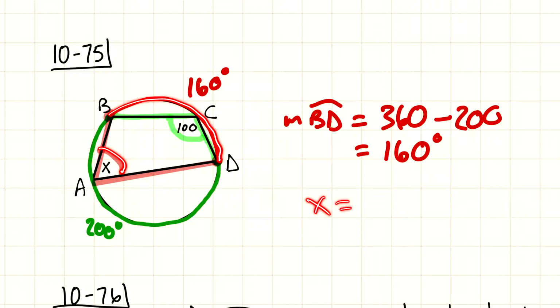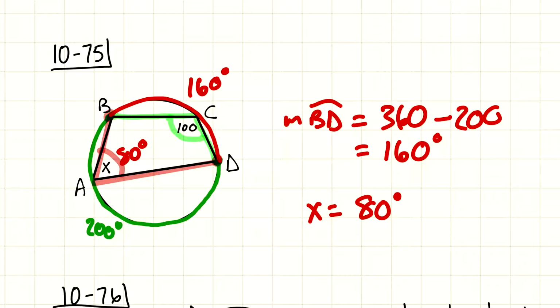So you tell me, what does X equal? All right, so if you remember this, X in this case is going to equal 80 degrees, half of the 160.